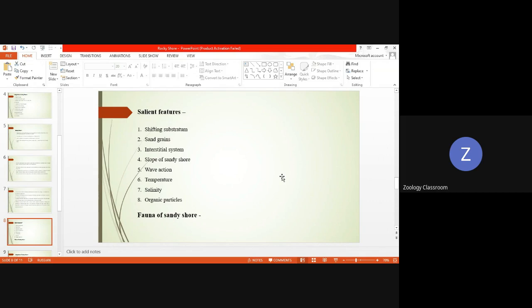Higher water level have fine grains, and lower water level has coarse sand particles. From low tide mark to high tide mark, size of sand particle decreases. So such type of changes in the sand grains occur.